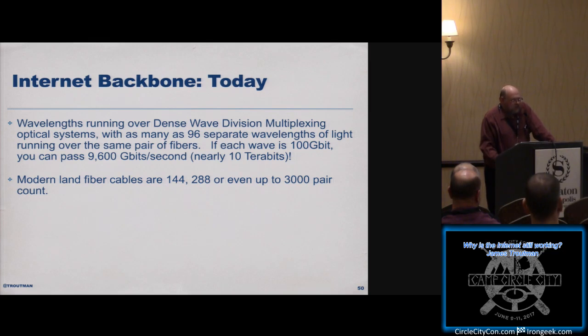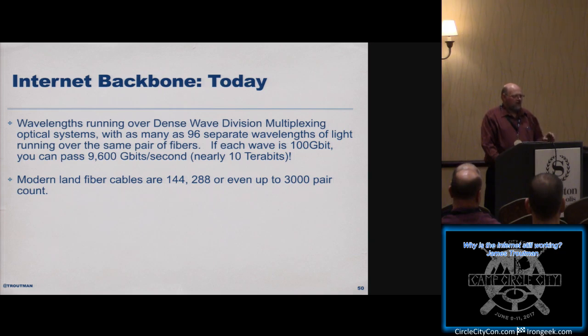And today, modern fiber cables are very high count: 144 count, 288, even as much as 3,000 count ribbon fiber in some locations. In a lot of places, particularly in urban areas like Manhattan, where it's very expensive and difficult to dig, they're putting in these ludicrous count cables.